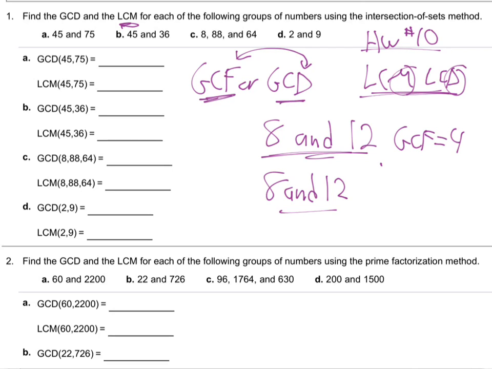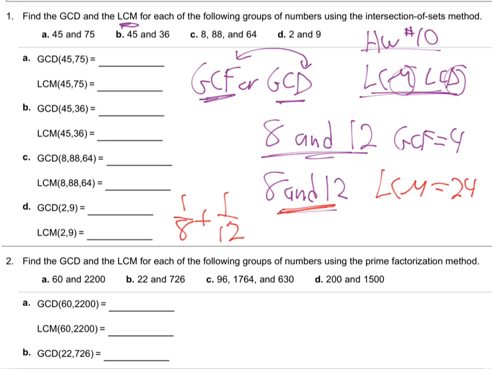What if you had fractions 1/8 and 1/12, you're trying to add them, and you had to get a common denominator? What would be the common denominator? Yeah, 24. Good work. The LCM or LCD would be 24, because that's the lowest number that 8 and 12 both go evenly into.